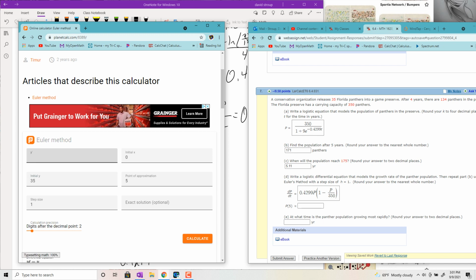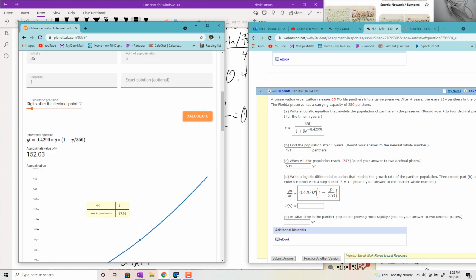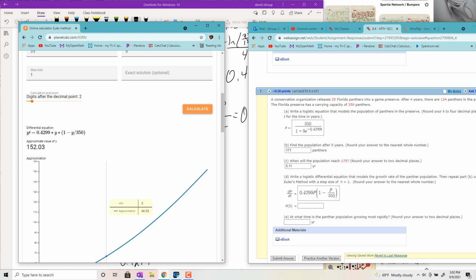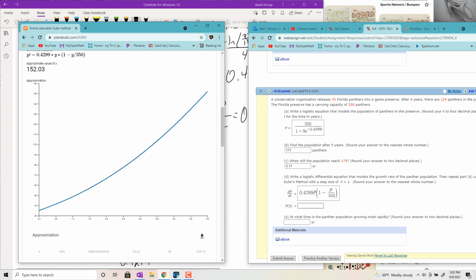And then let's put it in now. Let's see what flips on us. 0.4299 star y star 1 minus y over 350. And parentheses, and calculate. Yay. So let's say I got 152.03. We'll go with 152.